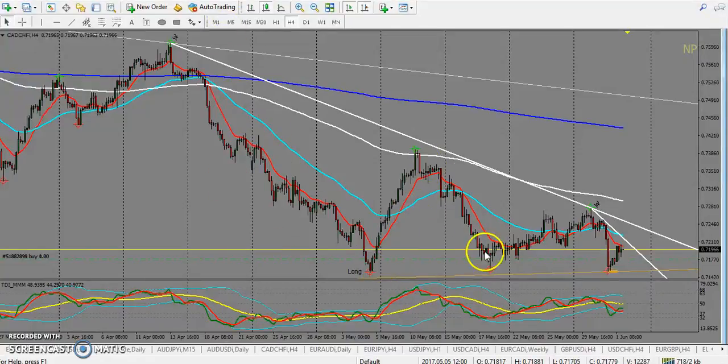As I'm looking at it, I feel like it's trying to make a larger W. It got rejected by structure 3 times so far. So right now, I feel like this may be trying to form an M structure, go down, and bounce right back up. But we're not going to stop there.